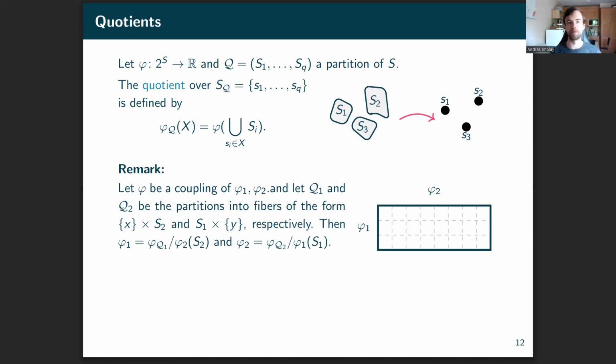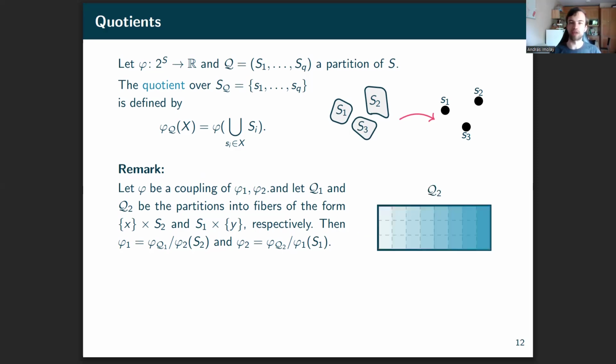An important remark is that if we take phi1 and phi2 and the coupling phi of them, then the partition corresponding to the rows actually gives a coupling. Sorry, if we look at the quotient with respect to these rows, then we get back the first function, except for some multiplicative constant.